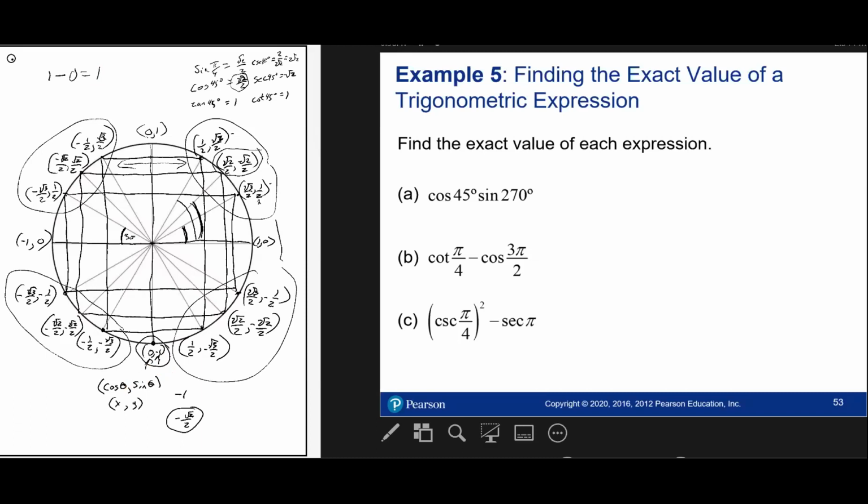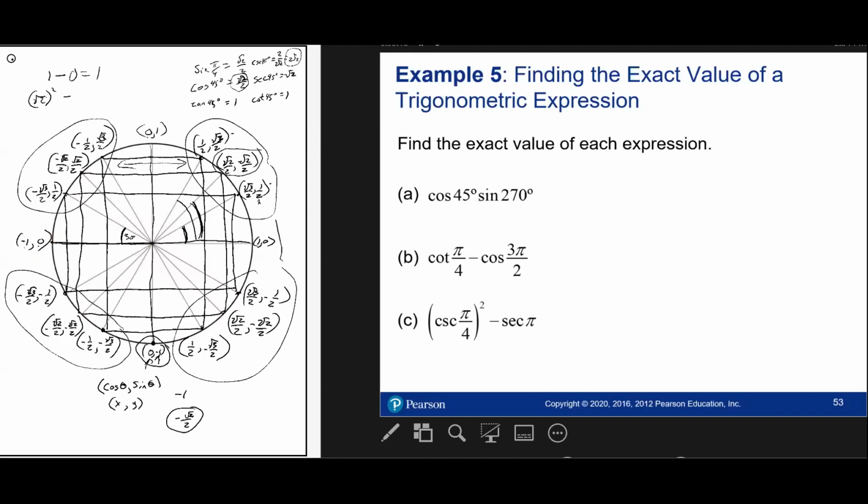Cosecant of pi over 4, well, we already determined what the cosecant of pi over 4 was, and that's the square root of 2. So we're going to do the square root of 2, and we're going to square that, and we're going to subtract the secant of pi. Well, pi over here is the point -1, 0.